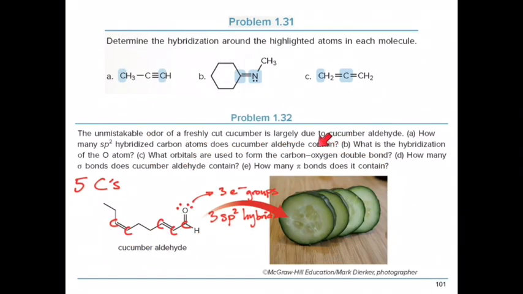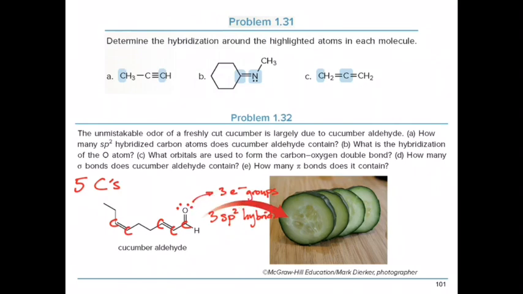And the third question here basically asks what orbitals are used to form the carbon to oxygen double bond. All right, so since this oxygen is sp2 hybridized, that means that it contains 3 sp2 hybrid orbitals. And so the orbitals that are used to form the carbon to oxygen double bond are the sp2 hybrid orbitals.